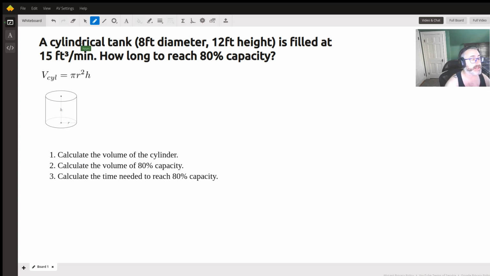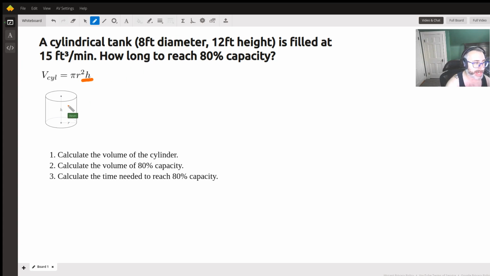So to calculate the volume of a three-dimensional object, we're going to need a formula for that object. The formula for the volume of a cylinder, we can look up, and it's the volume is equal to pi times radius squared times height. So what information do we have in our word problem?